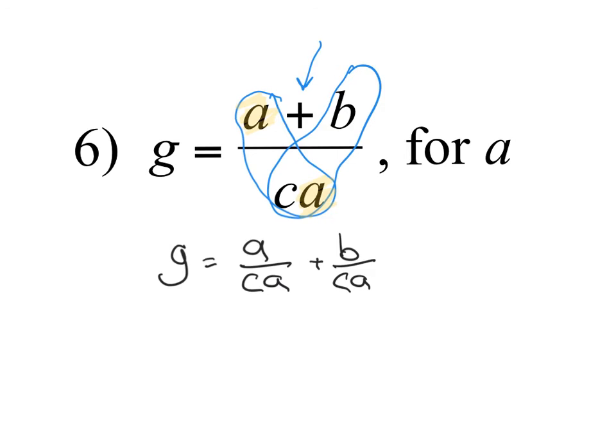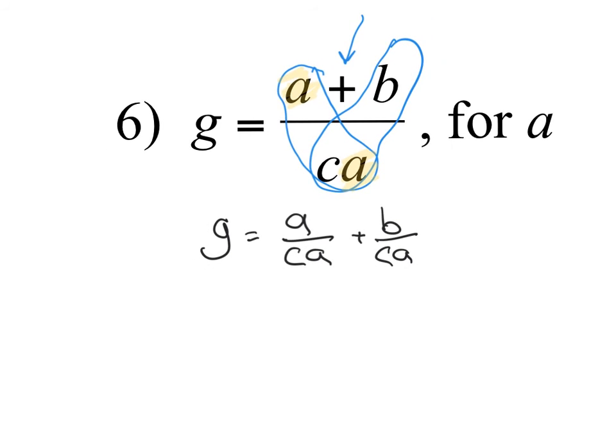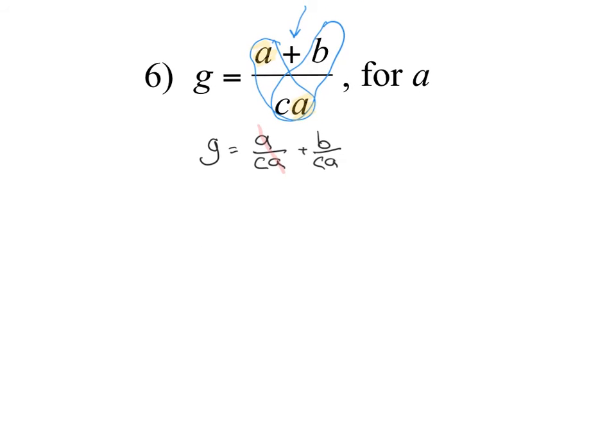When you have A's on both the top and the bottom of a fraction, we can't cancel them unless we separate that somehow. So this is probably our best way to do it. So separate that. Because now what you see, A divided by A right there will go away. So that's going to be good.